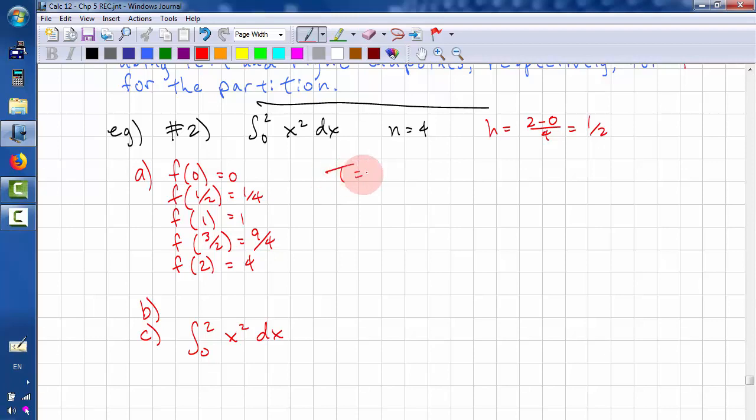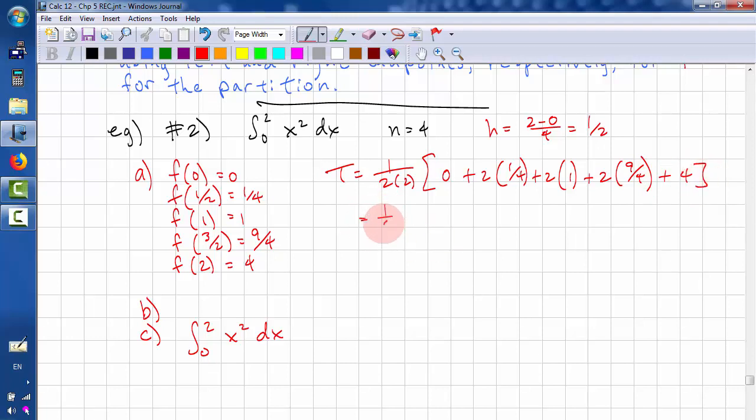So T equals 1/2 times h, which is 1/2, and the first data point, plus 2 times the second data point, plus 2 times the third data point, plus 2 times the fourth data point, plus just the last data point.